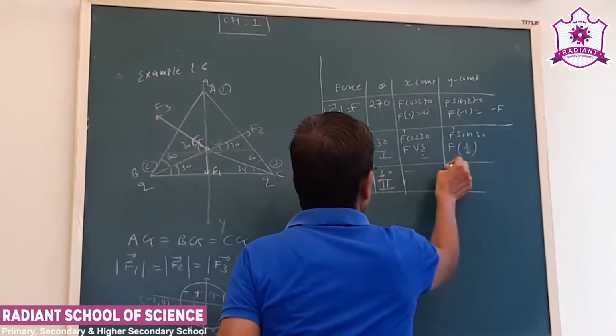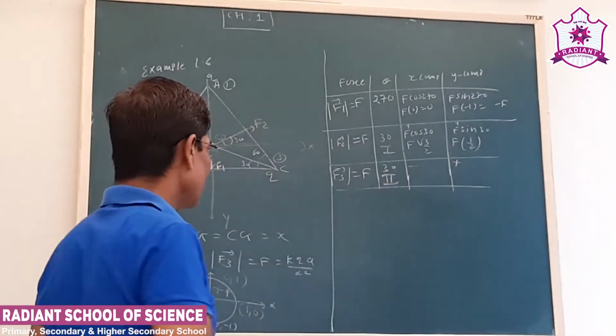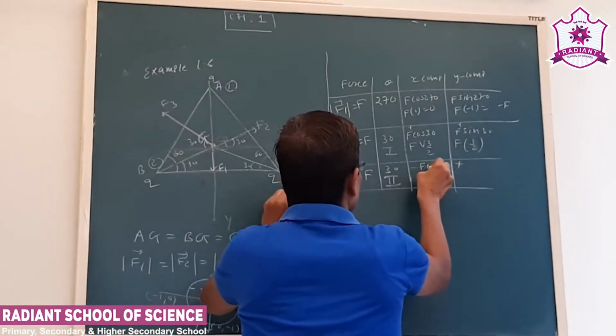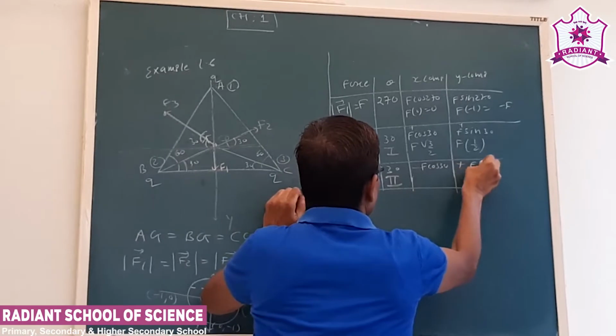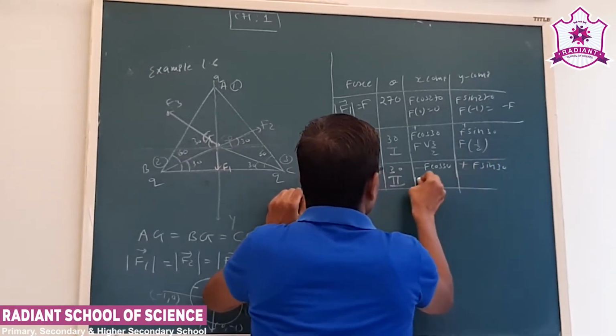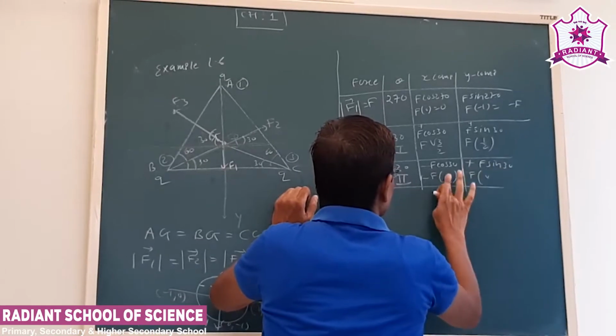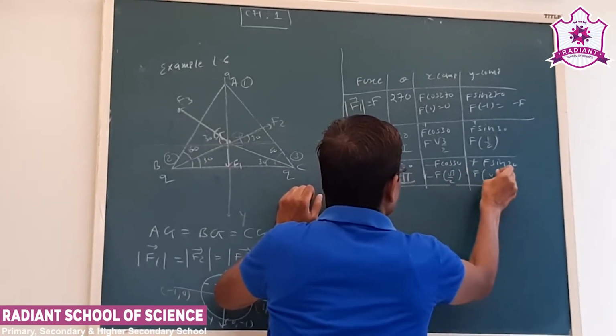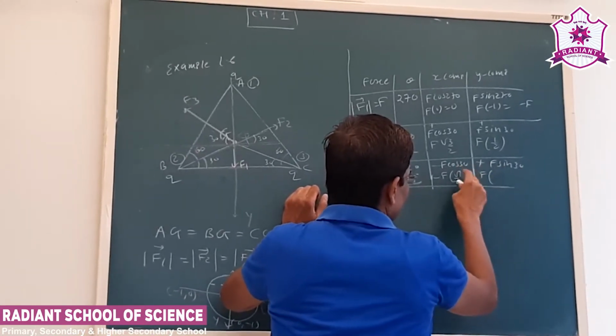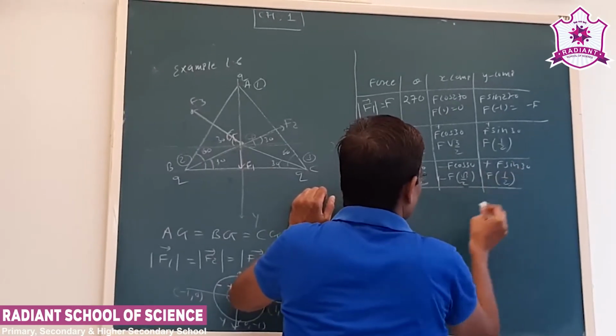Again F cos 30 and F sin 30, where cos 30 is root 3 by 2 and sin 30 is 1 by 2.